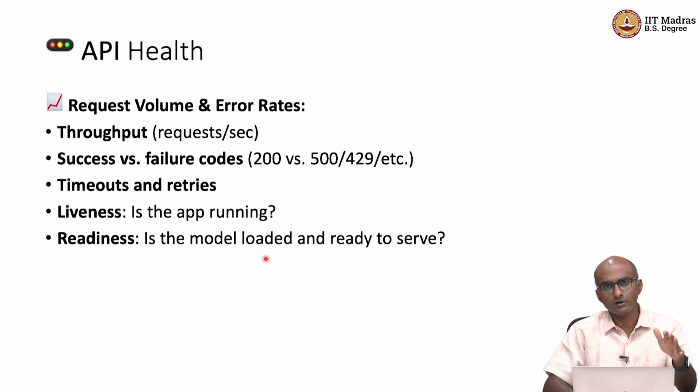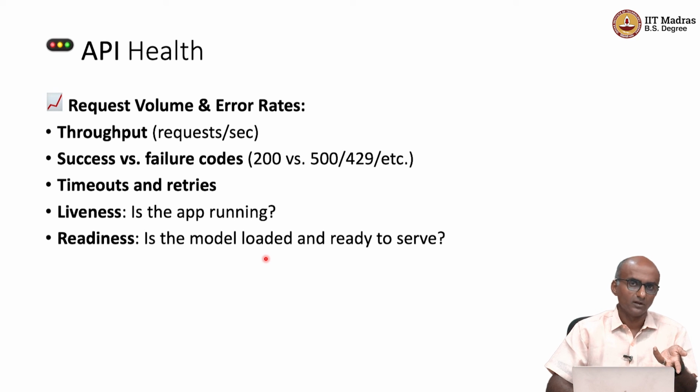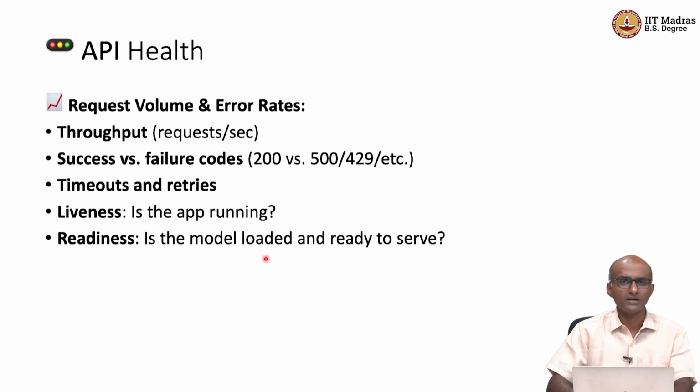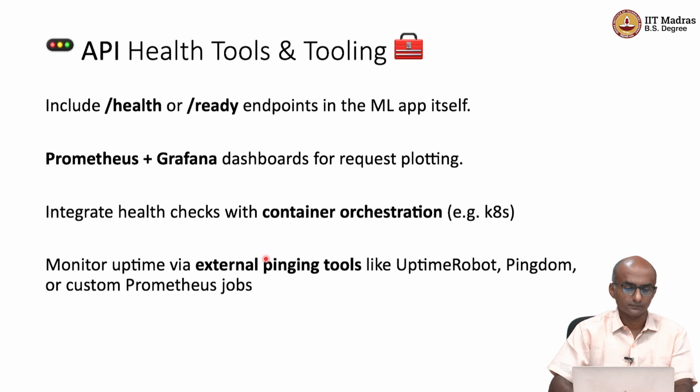You could have started the process, let's say, at 9 a.m. It might still be going on by the time it's 10 a.m. because the foundational model is that large. So I don't want to execute any request in that time period from 9 to 10 because the model itself is not ready. So readiness is actually a pretty interesting behavioral outcome, I should say, that we are interested in tracking.